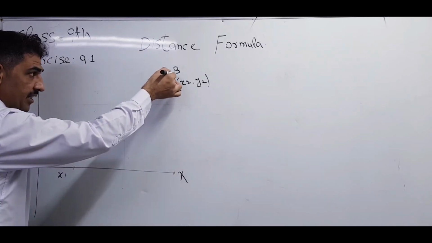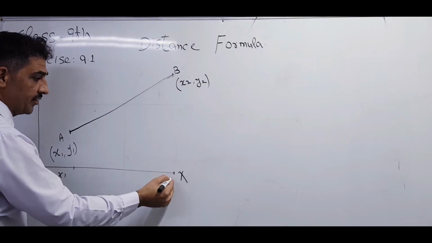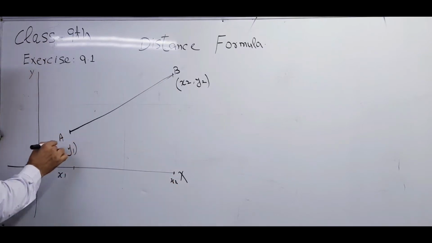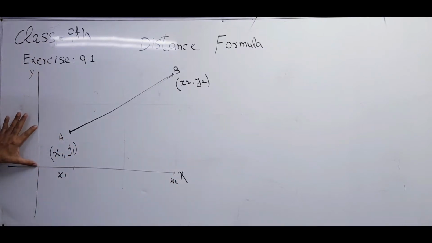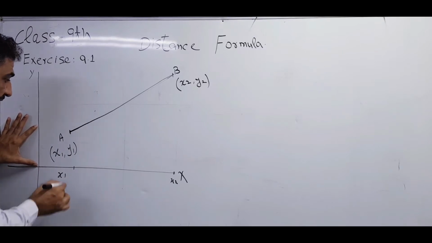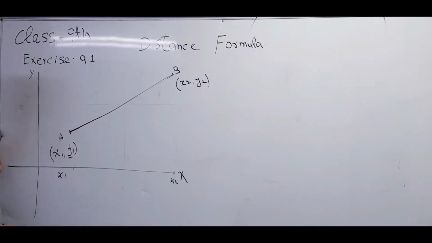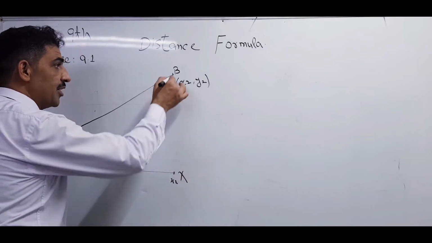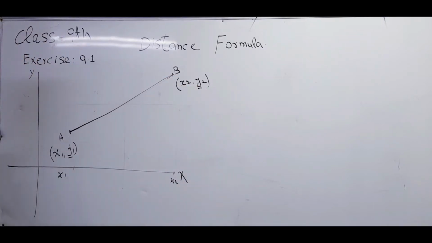And y is how much height, denoted by y1, and the height of the other point is denoted by y2. And we want the distance between A and B.